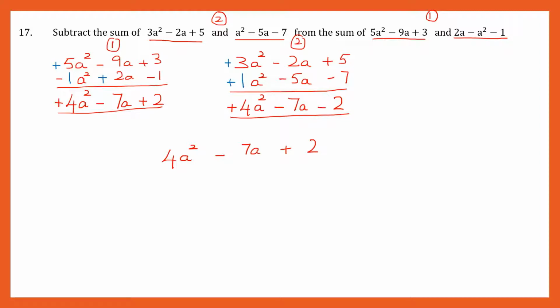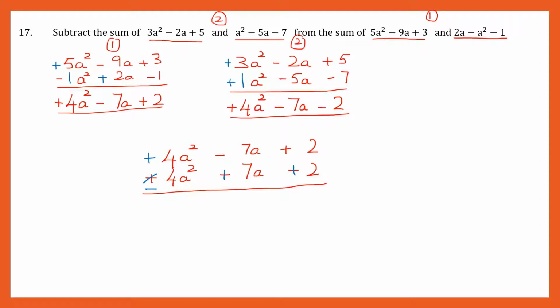So we have plus 4a square minus 7a minus 2. Okay, let's write what was missing. So here I have plus. Now this is subtraction, so don't forget to change the sign. So this becomes minus, this is plus, and this also becomes plus.